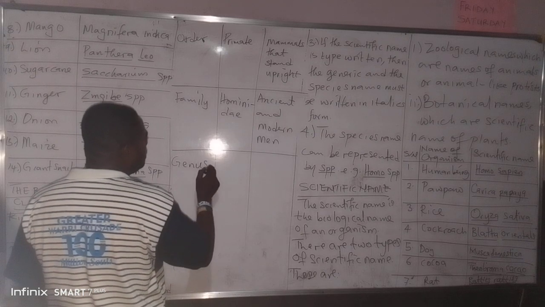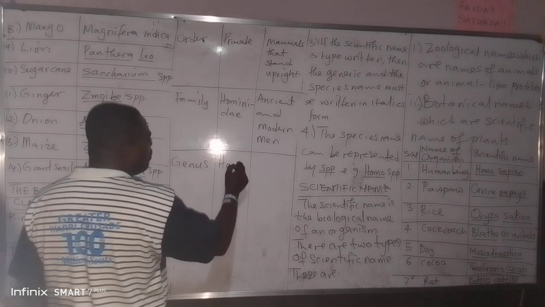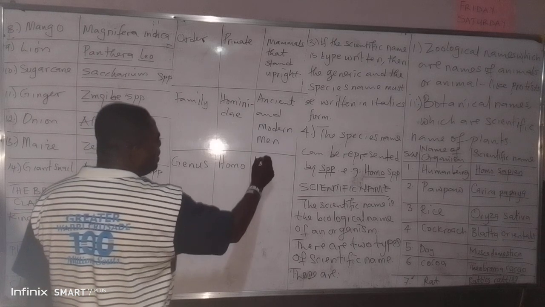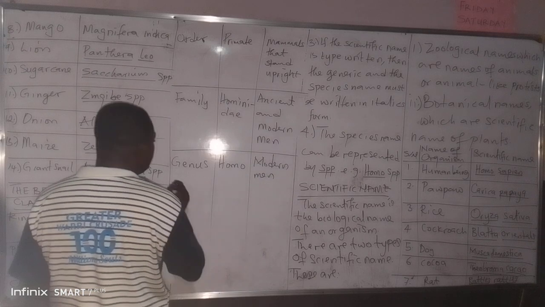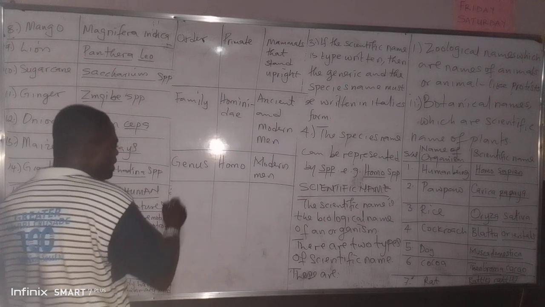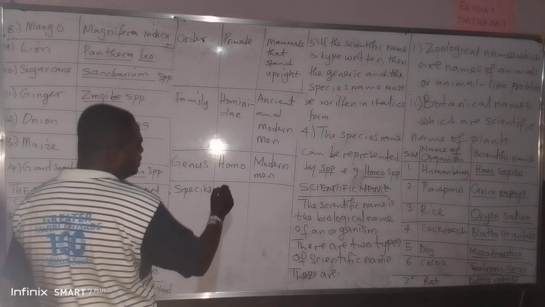Genus Homo, that is modern men, only the modern men, we that are here. Species, that is sapien.